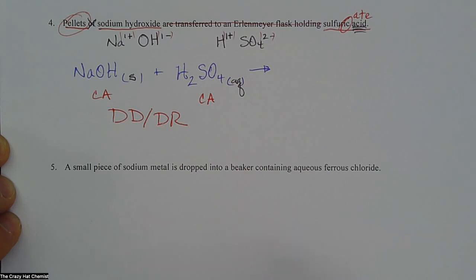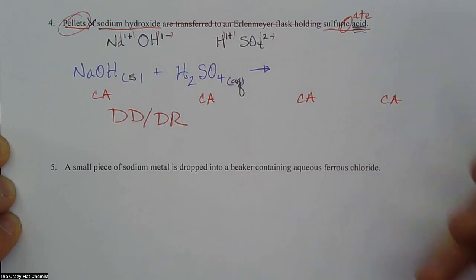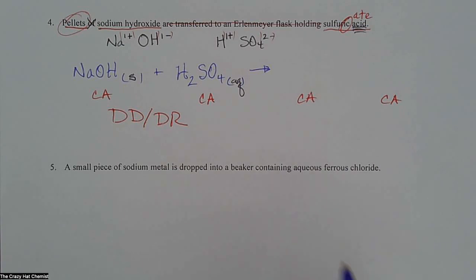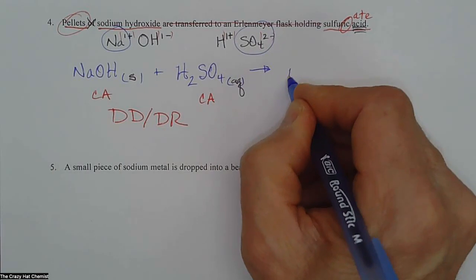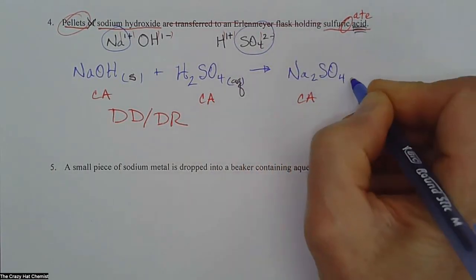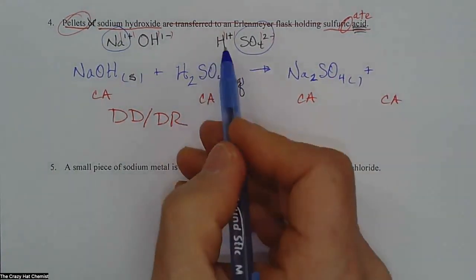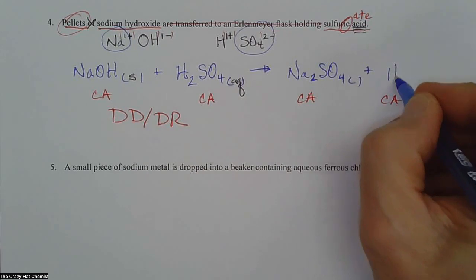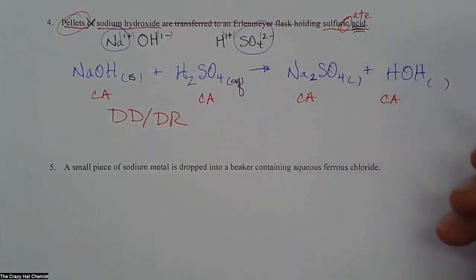It is a double displacement, double replacement reaction, so I will end up having 2 compounds on the product side. That is a cation-anion combination. The sodium is going to combine with the sulfate, and I'm going to get Na2SO4, parentheses, plus HOH, parentheses.